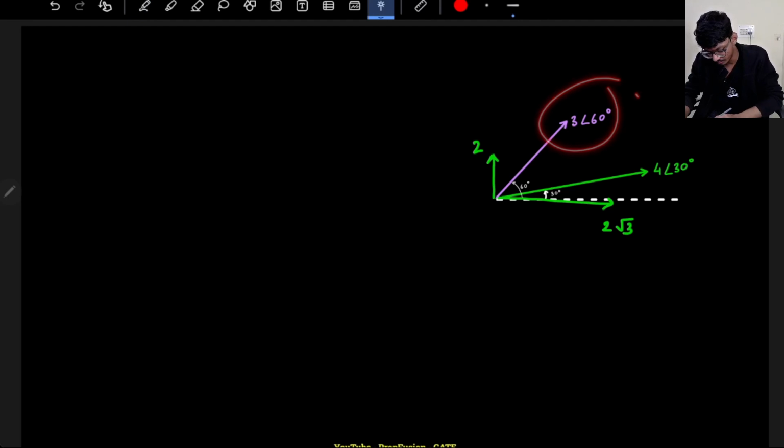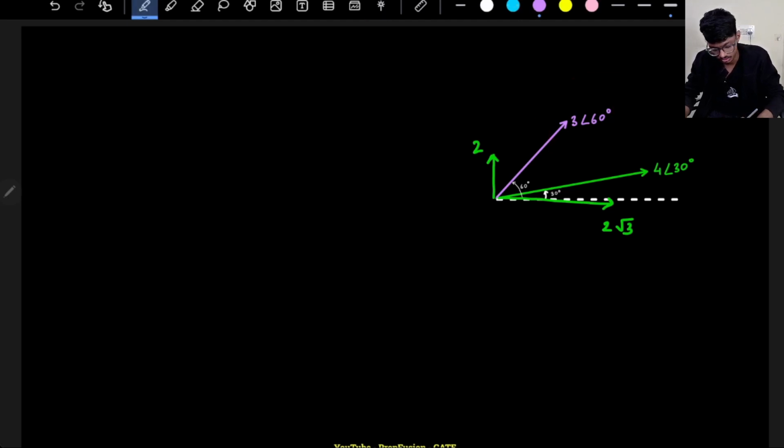And the second vector, b vector, will also have an x and y component. So the x component will be again here. It will be 3 cos 60, which is 3 by 2. And the y component is 3 sin 60, which is root 3 by 2. So it will be somewhat like this, 3 root 3 by 2, right?